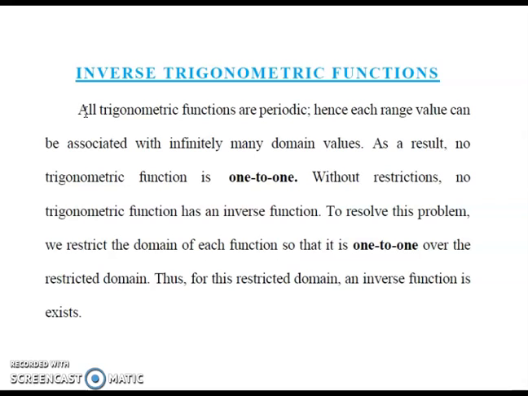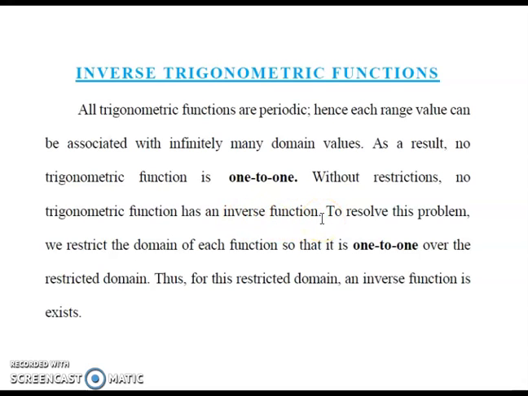We know that all trigonometric functions are periodic. Hence, each range value can be associated with infinitely many domain values. As a result, no trigonometric function is a one-to-one function. Without restrictions, no trigonometric function has an inverse function.